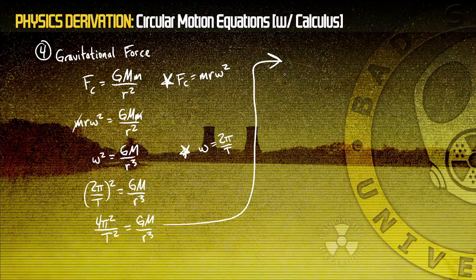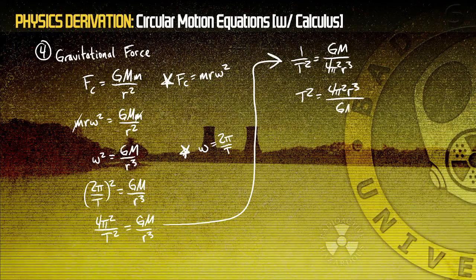Remember, T is the period of oscillation. So we're going to have 1 over T squared equals GM divided by 4 pi squared times r cubed. We just divided the 4 pi squared over. And now we can flip both sides of this equation. We got T squared equals 4 pi squared r cubed over GM.